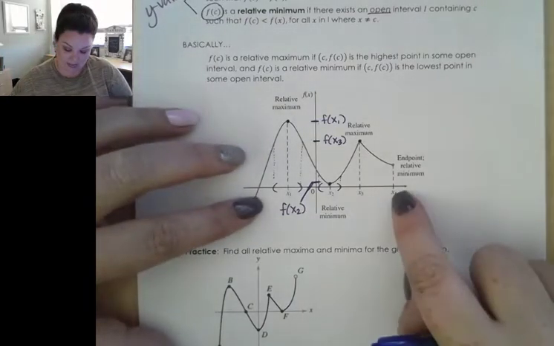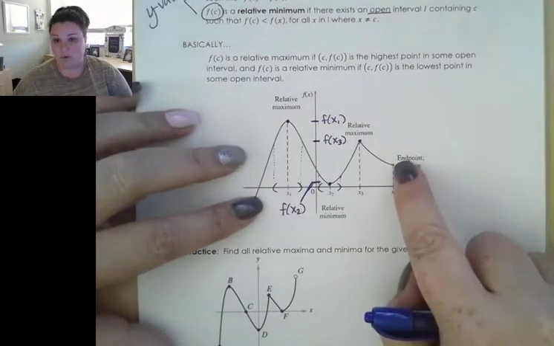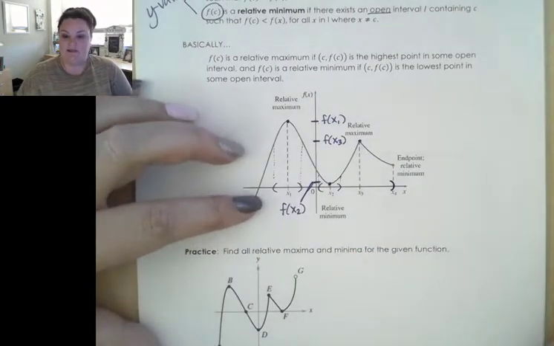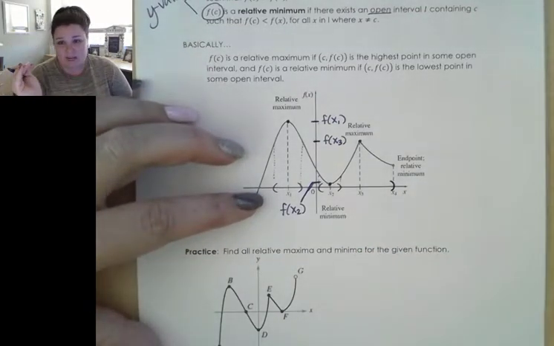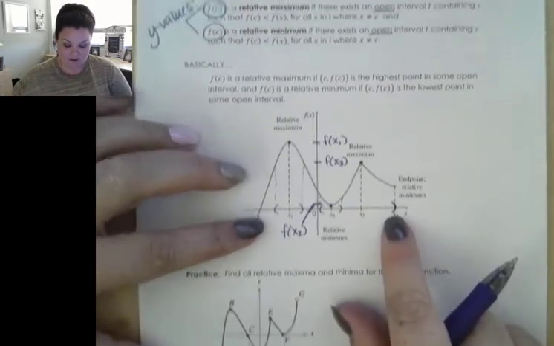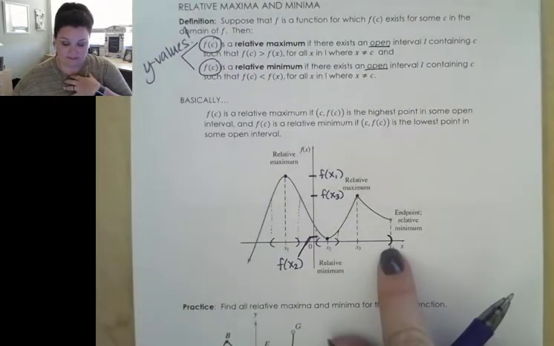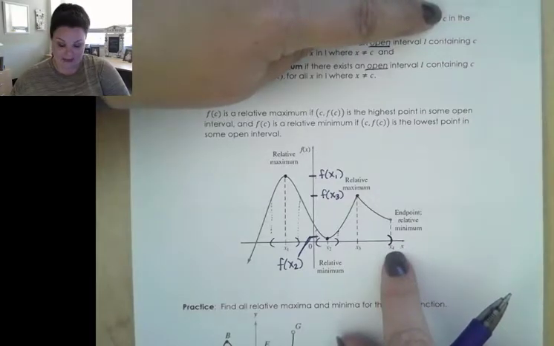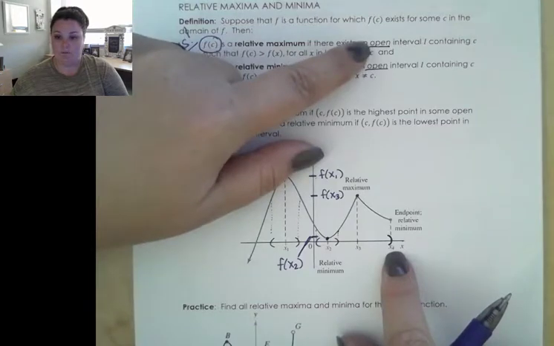And right now, x sub 4 is the endpoint of this function, right? And if I have to do things with an open interval, then that means I can't include x sub 4. And that is how our textbook defines it, that whatever c value, or in this case, x sub 4 value that we're talking about, it has to be included in that open interval.